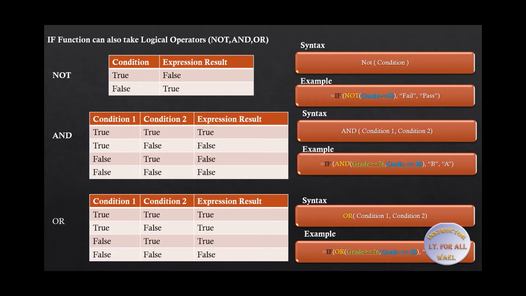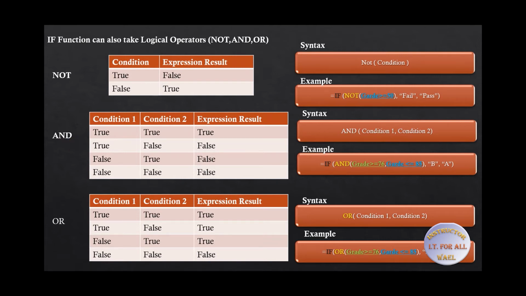Now, if the grade is greater than or equal 50, here is not greater than or equal 50. So basically, if the grade is less than 50, it's going to be fail, and otherwise it's going to be pass.